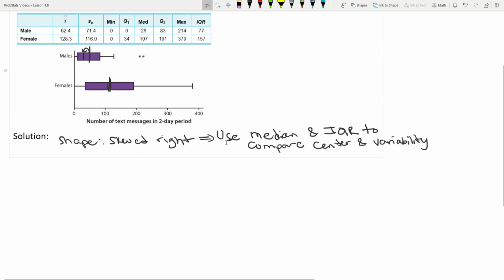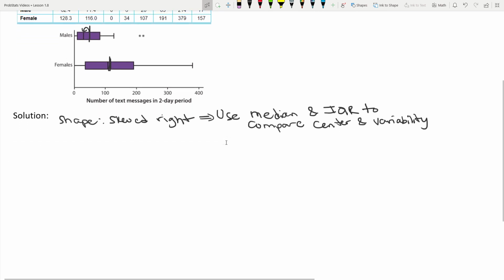Okay, so now we got the shape and we know which measures to use. So this means that we are going to be determining the center.